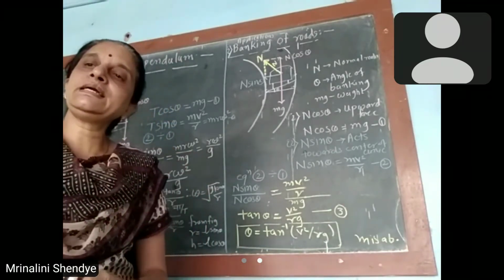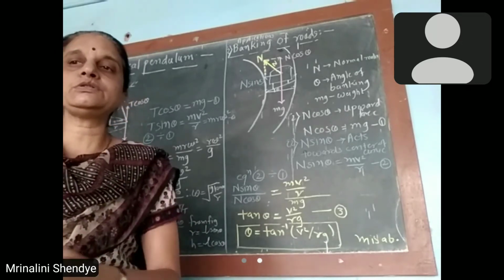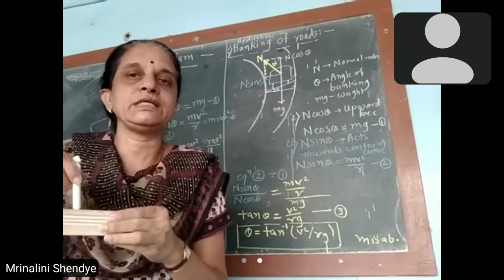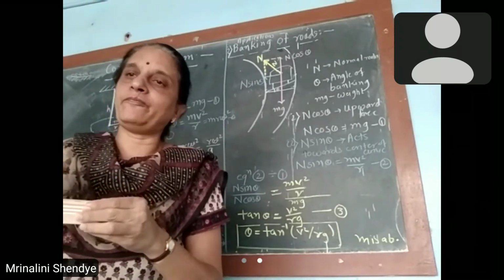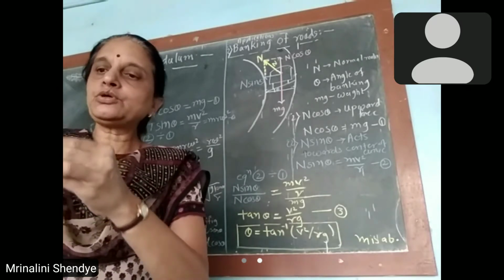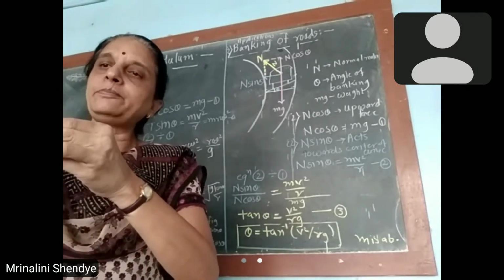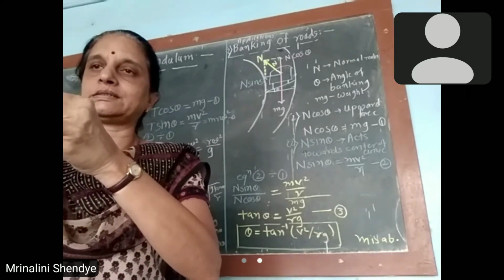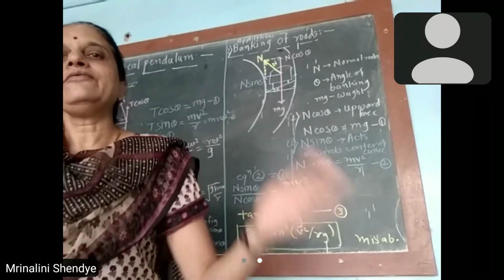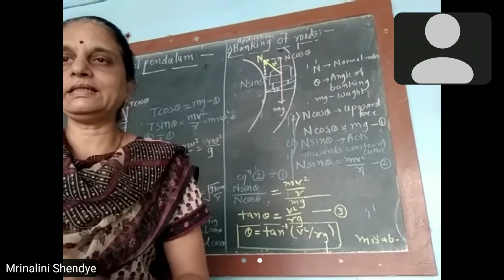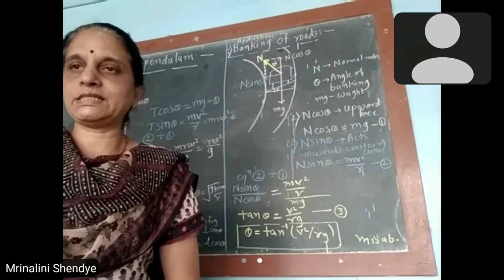What is the name of that force? I told you just now, whenever two particles are in contact with each other, the frictional force starts there. Due to this, maybe one type of tangential force exists between these two contacts. So obviously, whenever the vehicle is on the road, then two types of forces are there.